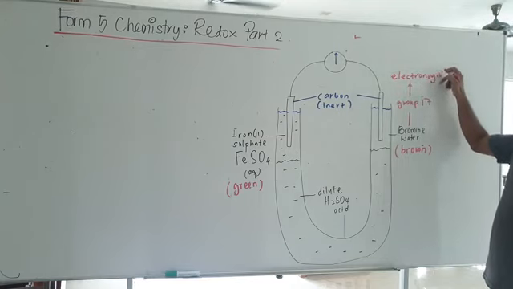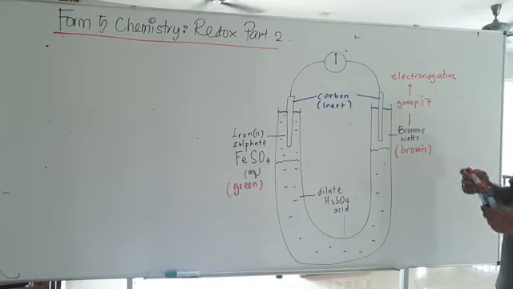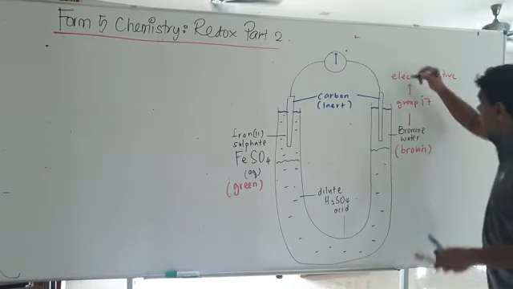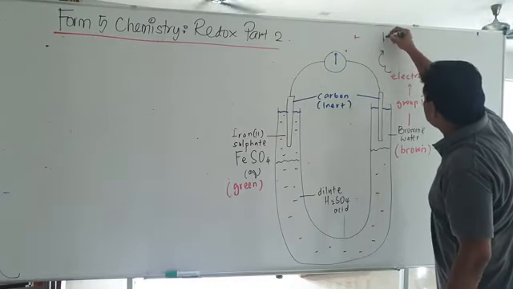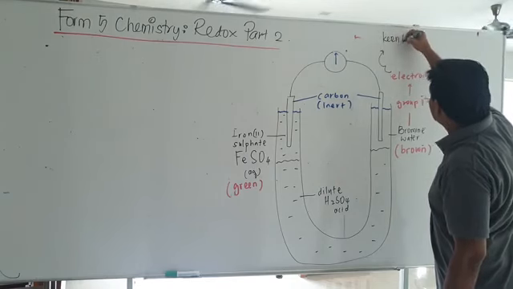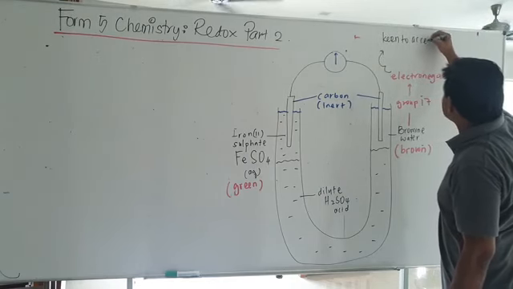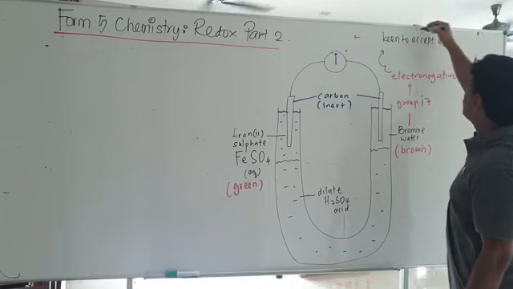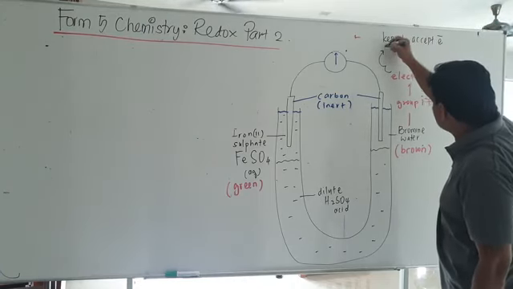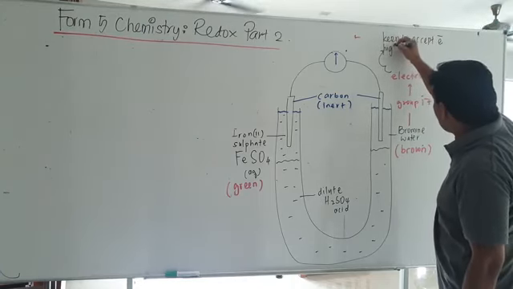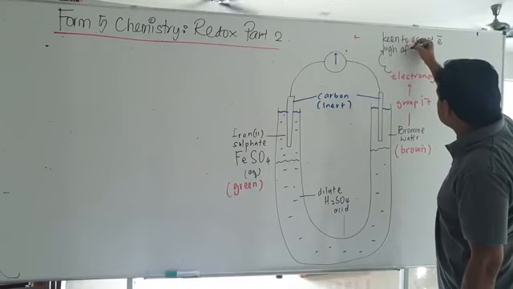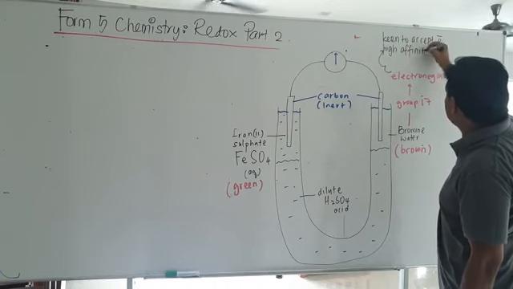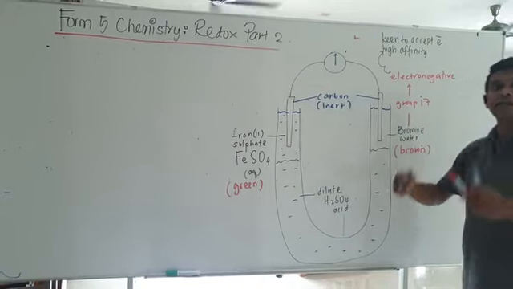What's the meaning of electronegative? Electronegative means keen to accept electrons. We don't want to use the word keen, we can use the words high affinity. Affinity means suka, tertarik.